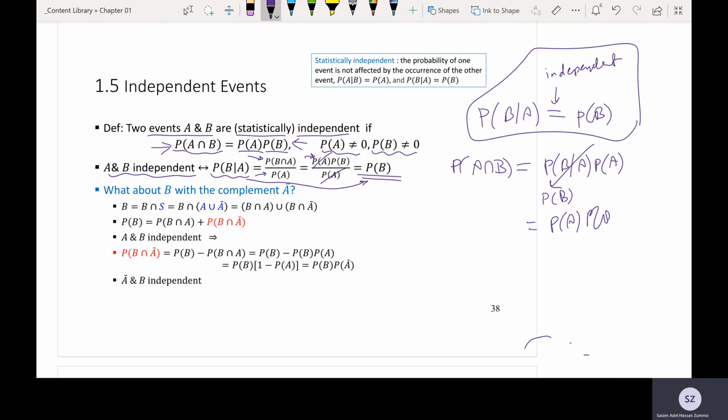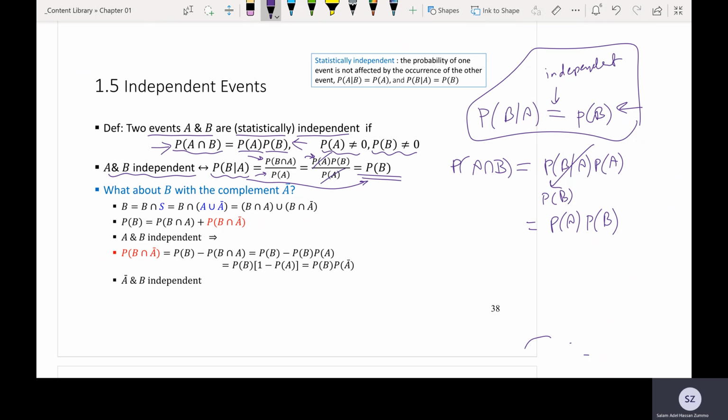So everything starts from the concept that independent events have no relationship. The probability of B given A does not change with conditioning. If A happens, nothing changes on B. Is that clear?